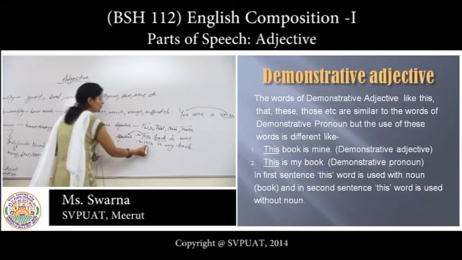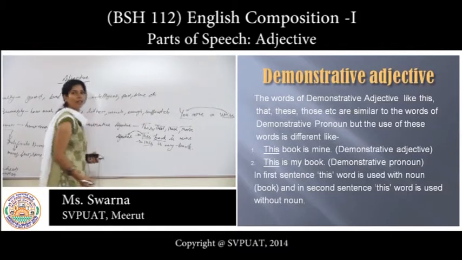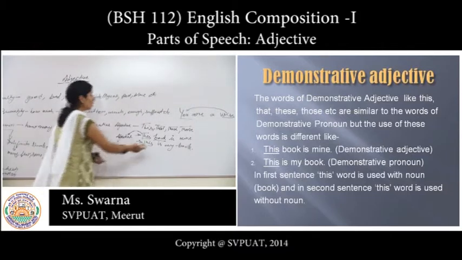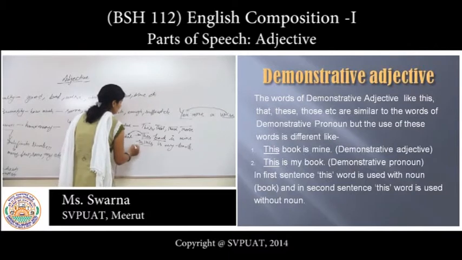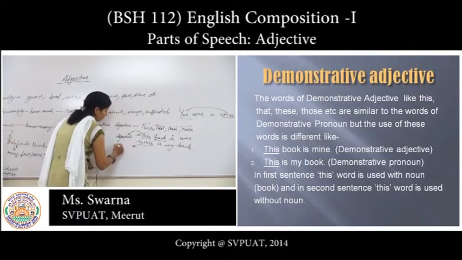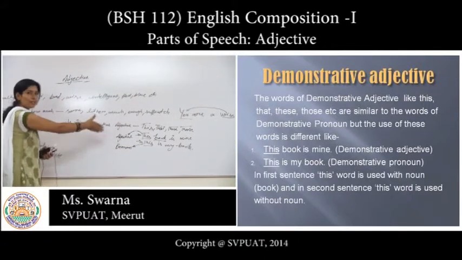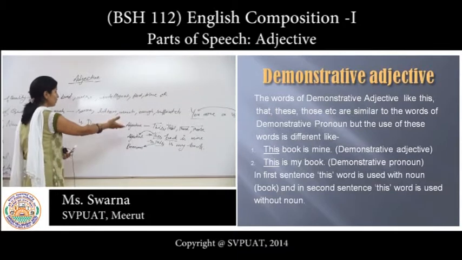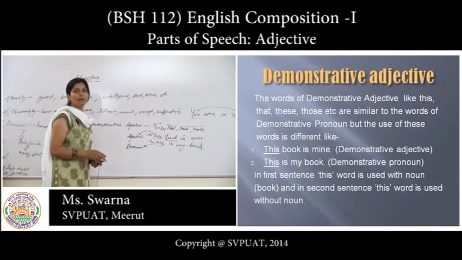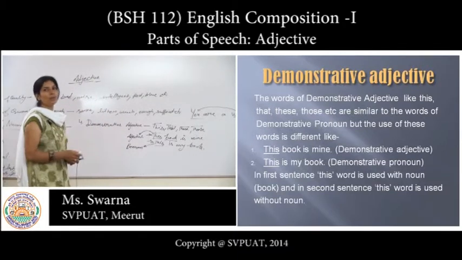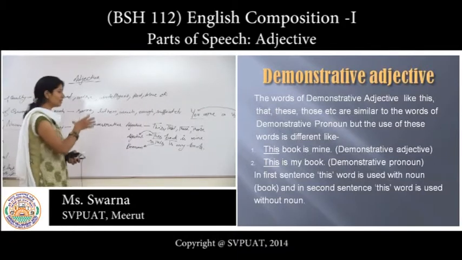And when we use this word in place of a noun, without any noun, then this word is a demonstrative pronoun. So this is the main difference between the use of demonstrative words, whether it is a demonstrative pronoun or a demonstrative adjective.